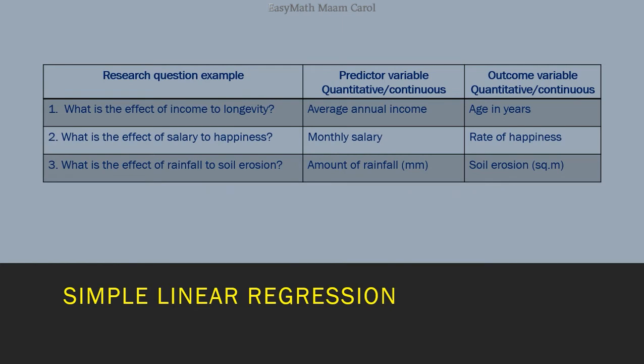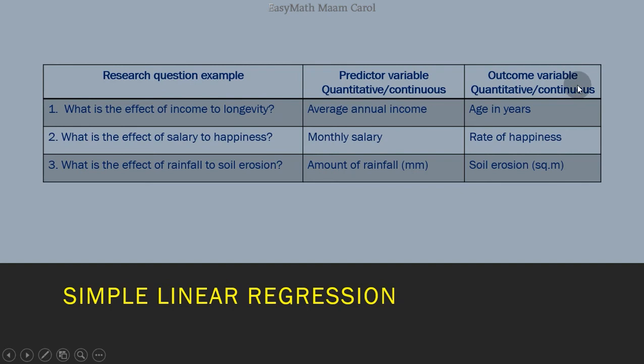And to be able to illustrate this, I have here several examples. On the research question example, the predictor variable and the outcome variable. This time, I want to emphasize that when you are using a simple linear regression, there is one predictor variable which is quantitative or continuous.